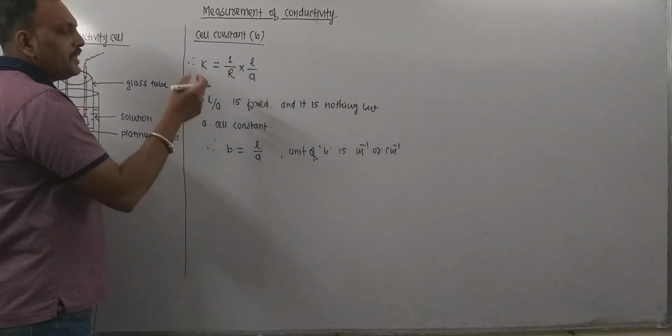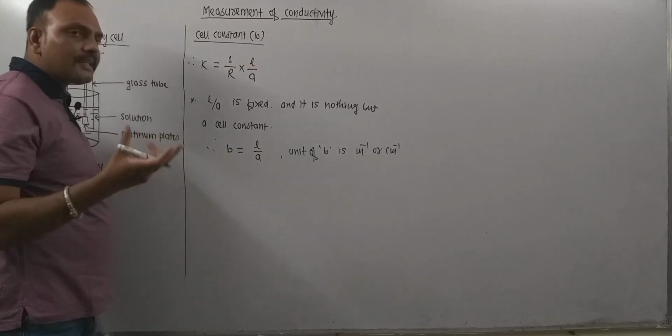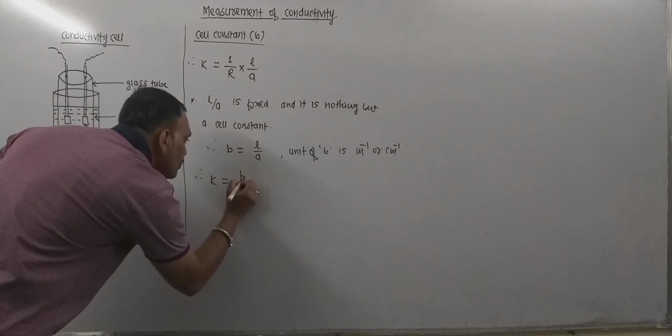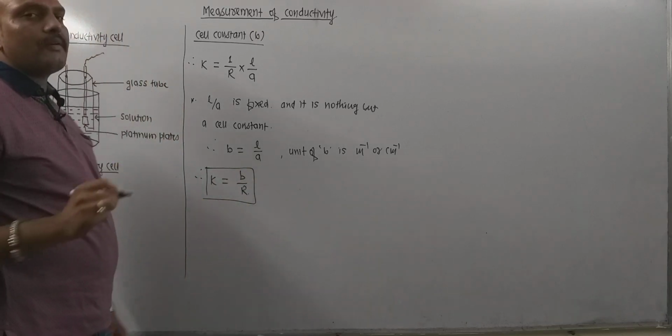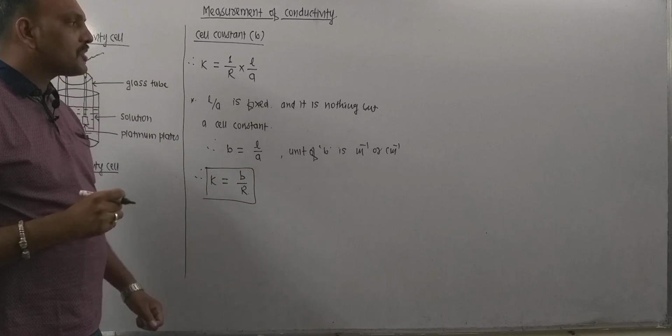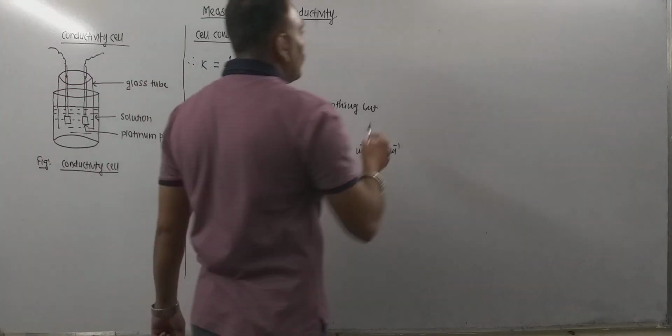So if we substitute L by A as B, that is the cell constant, then we get K equals B by R. This is to be remembered for sure, where K is the conductivity, B is the cell constant, and R is the resistance of the solution.